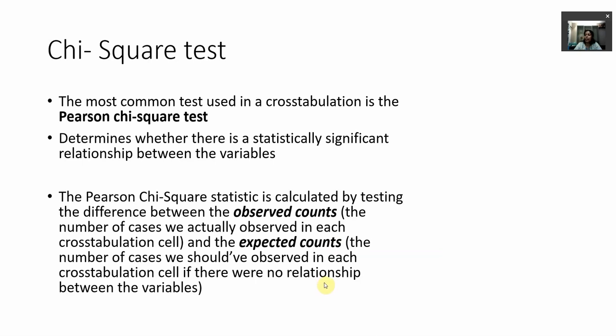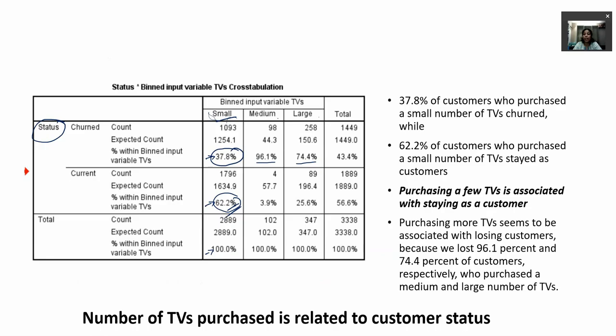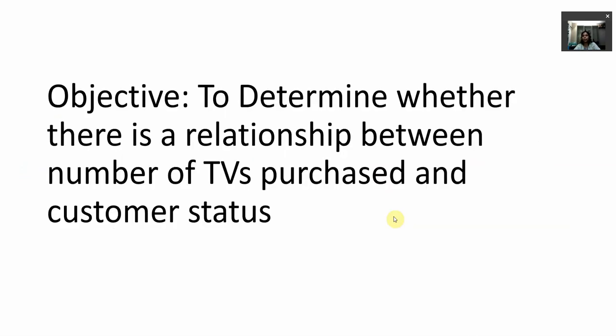Since we had checked expected count while performing the cross tabulation, we can see the expected count value here as well in the cross tabulation table. If we had not checked the expected count while performing cross tabulation, then this value would not have been seen.